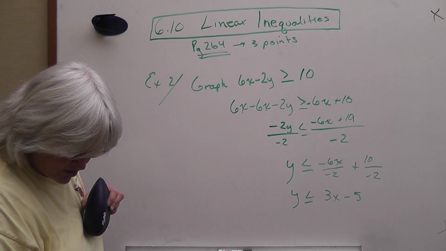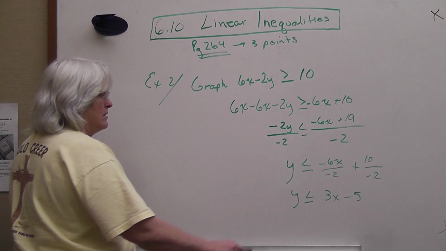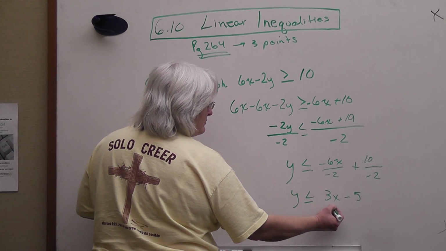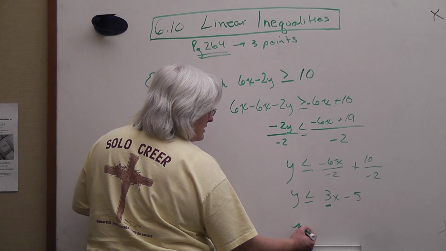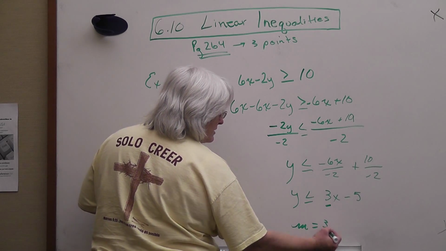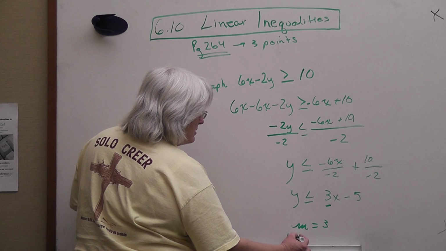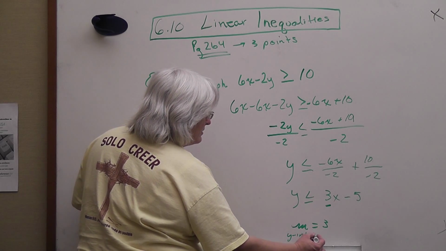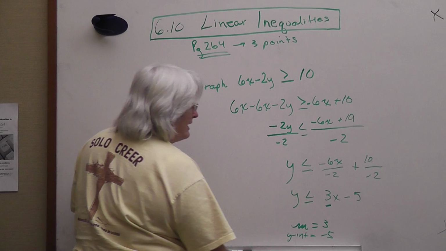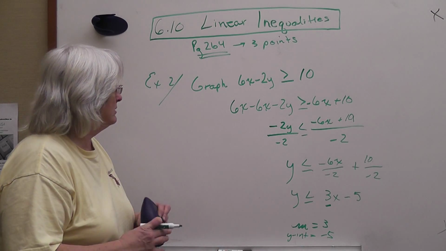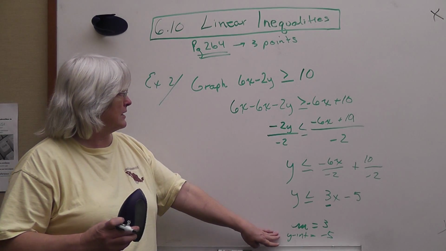Let me check and make sure. We have our slope-intercept form. So our slope is a positive 3, and our y-intercept is negative 5, identified by the point 0, negative 5. Okay?